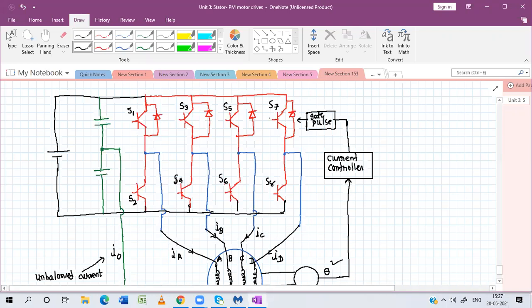You have to assume that here also there is a freewheeling diode, because we are connecting it across each power device.